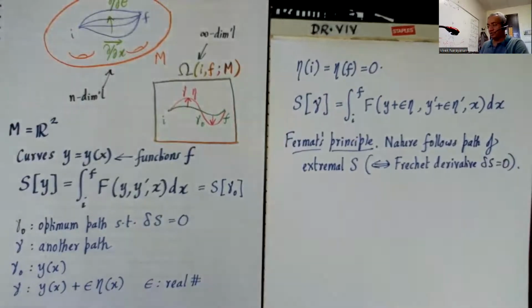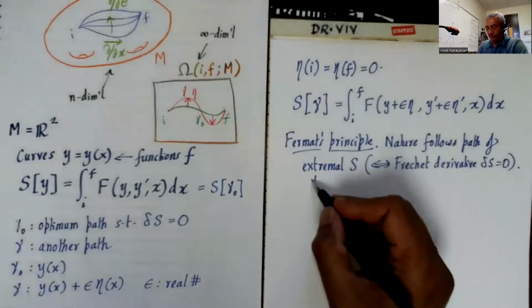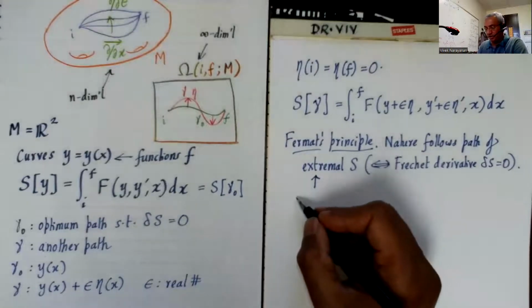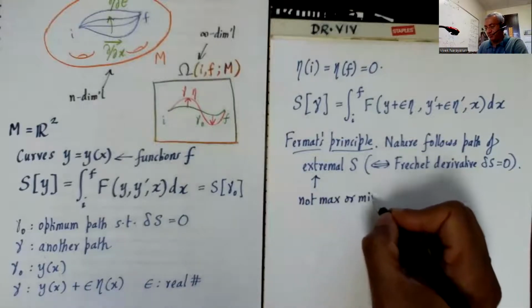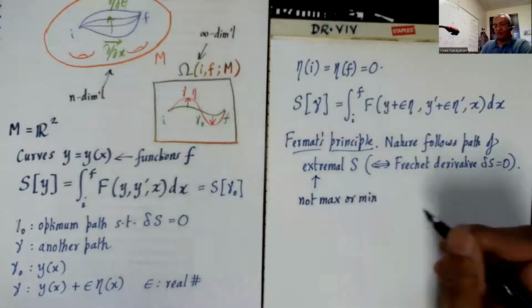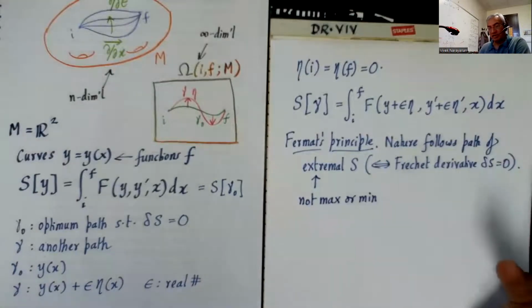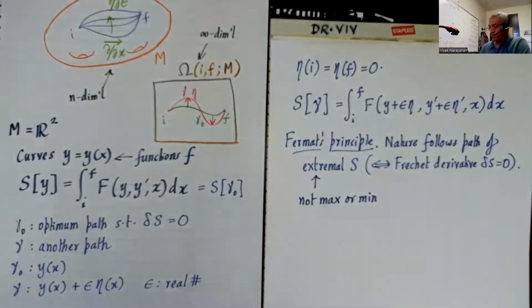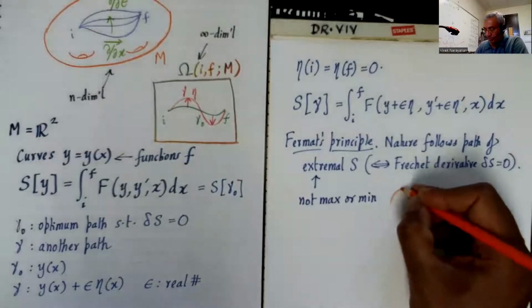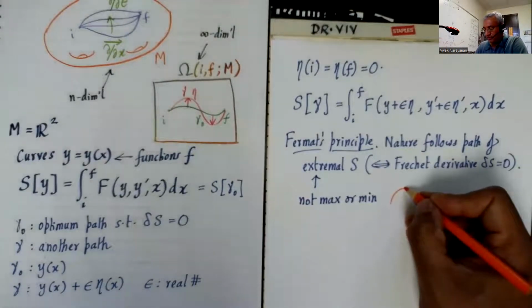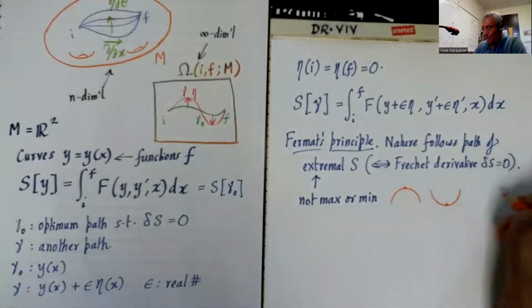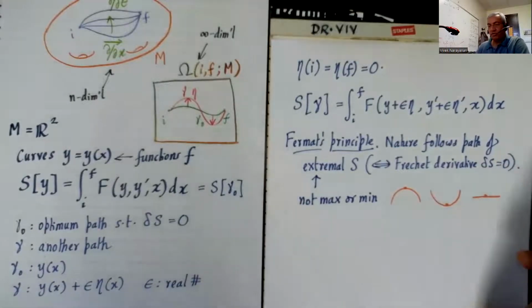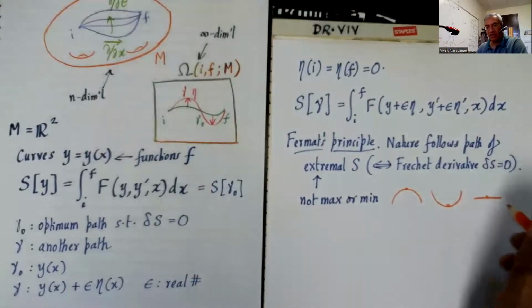By the way, this is the important comment I said, it's extremal, it's not maximum or minimum. It can be either maximum or minimum or even neither. What I mean by neither? You all know that equilibrium can be of three types. You can either have unstable equilibrium, or stable equilibrium, or neutral equilibrium. So all three things are equilibrium. That's what I mean by neither.